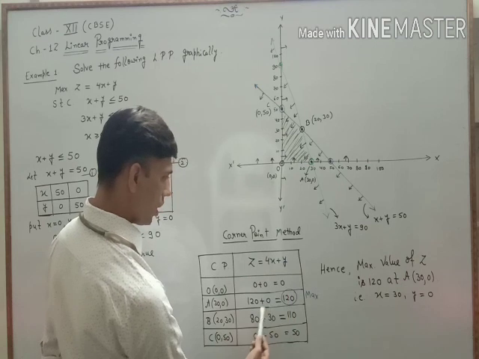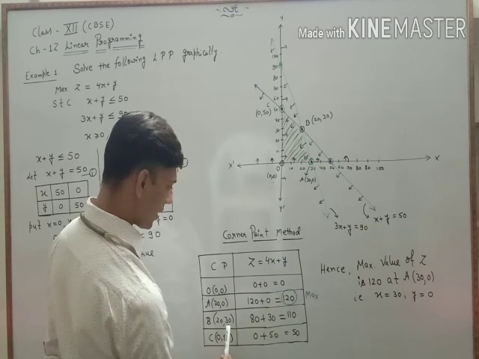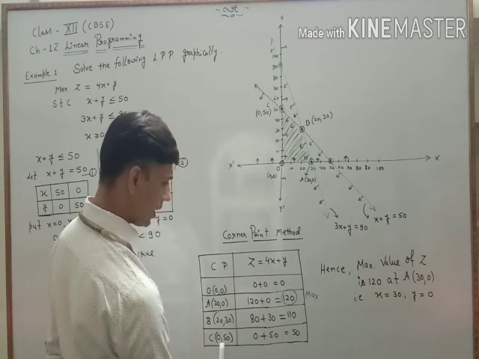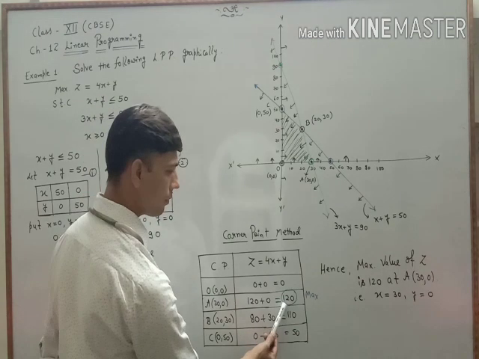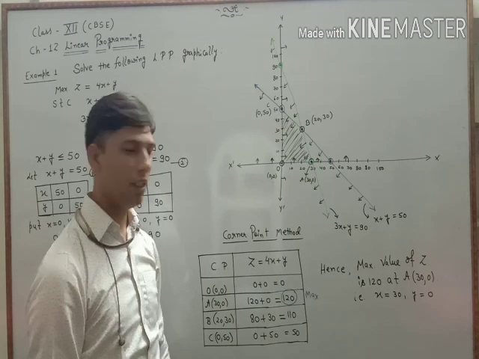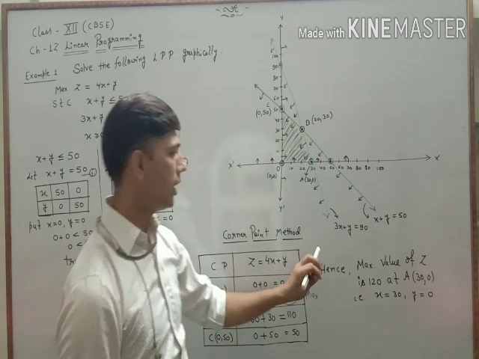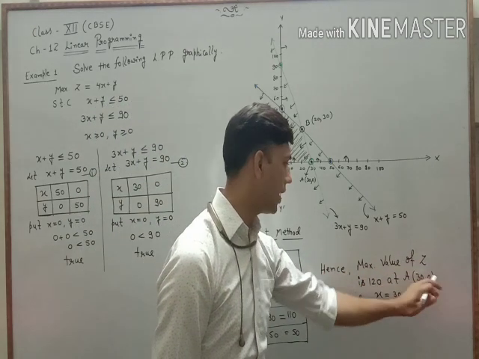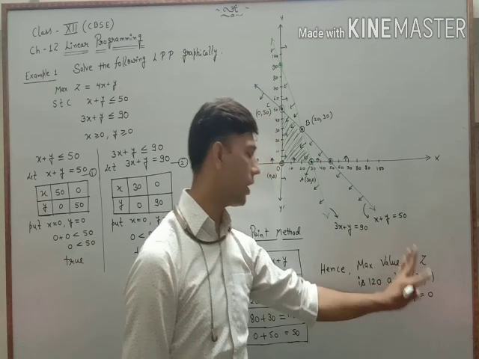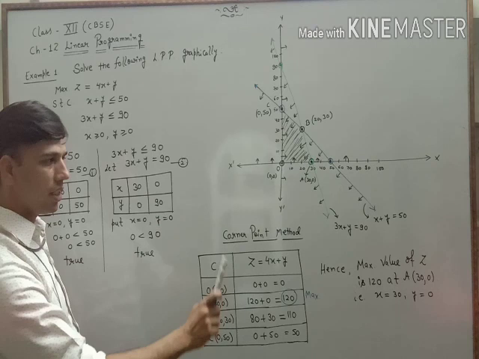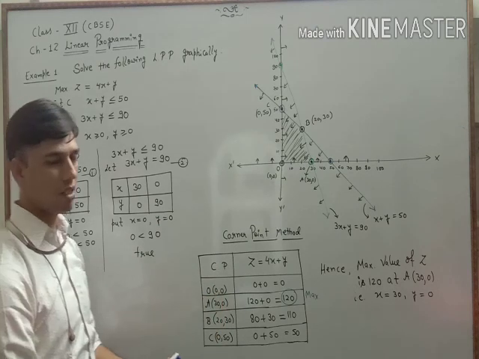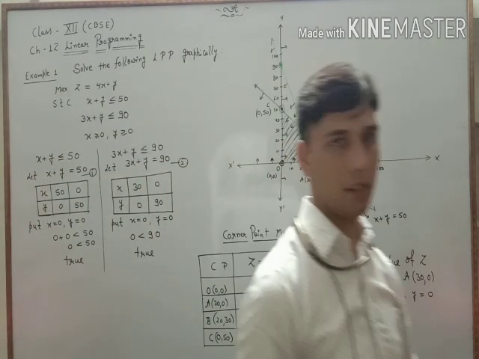In the other cases we will find 120, 110, and 50. Now we have to find the maximum value. So the maximum is 120. Hence the maximum value of z is 120 at A (30, 0). It means x is 30 and y equals 0. This is the correct answer.